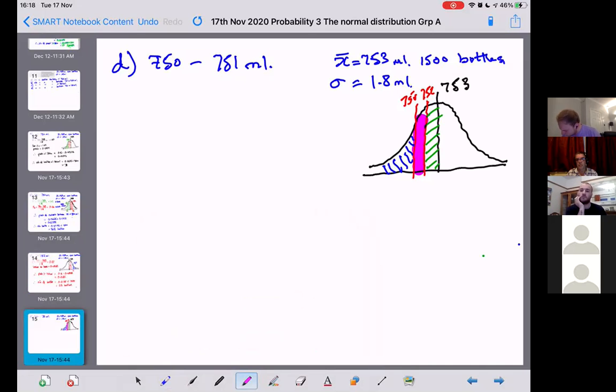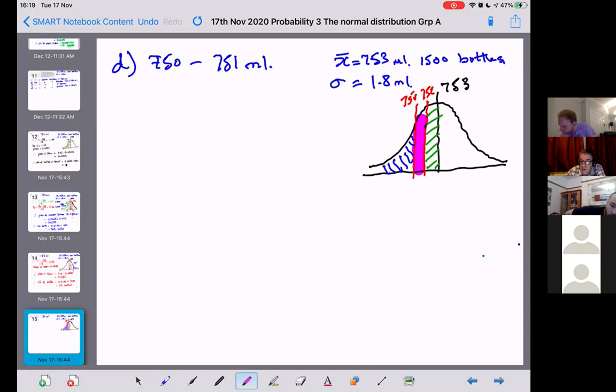Mike, can you do the same with 753 and 752, and then 753 and 750, and then take the one from the other. Yeah, the green area is fairly easy. That's a straight area between 752 and 753.